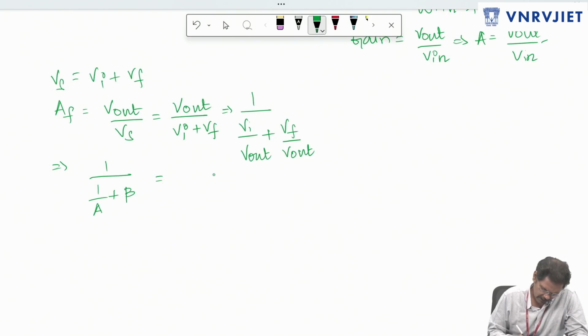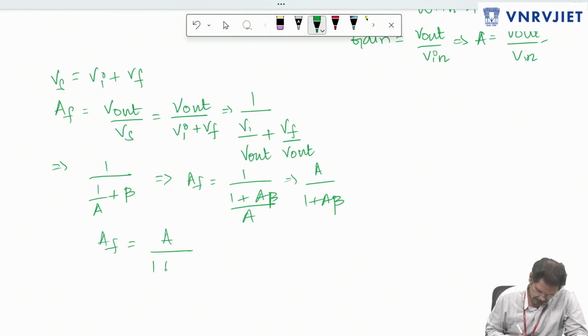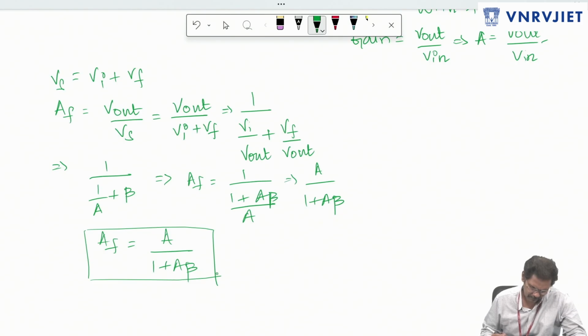So based on this I can write AF is equal to 1 by (1 plus A beta) divided by A. Now I take it up, so it's A by 1 plus A beta. So the feedback gain is A by 1 plus A beta for a voltage series feedback amplifier, right?